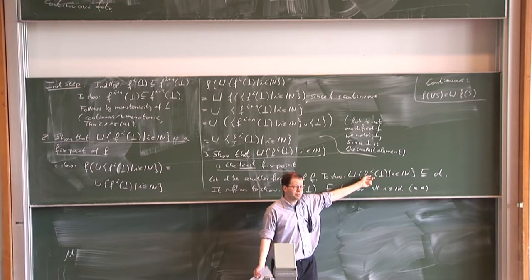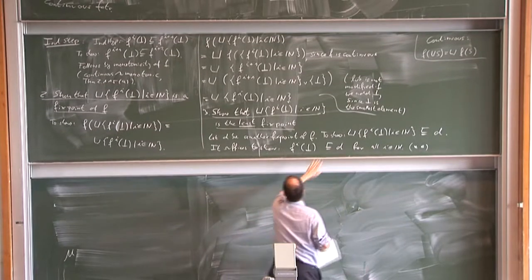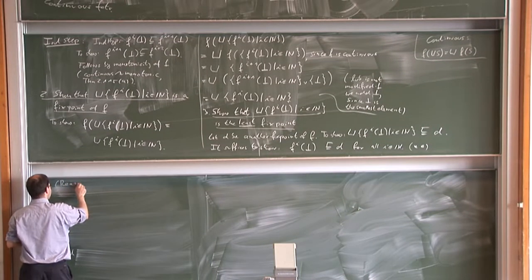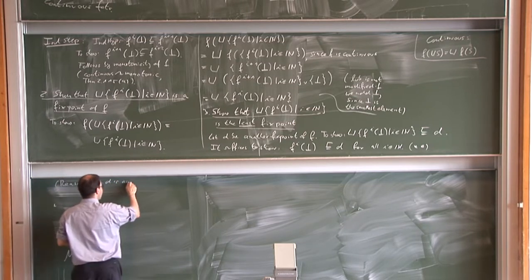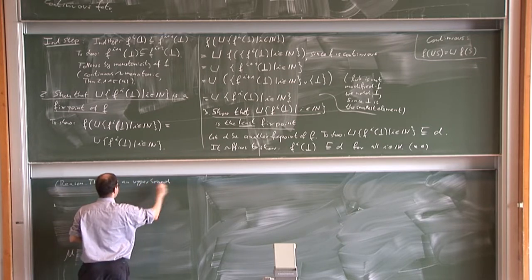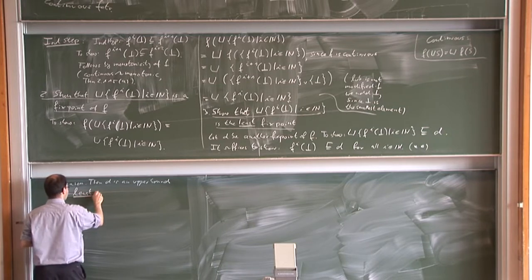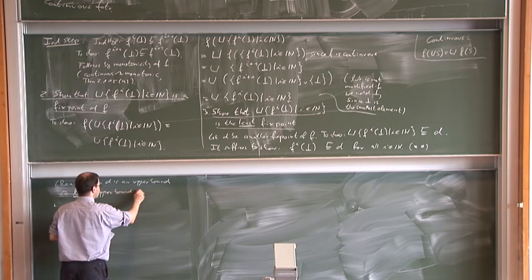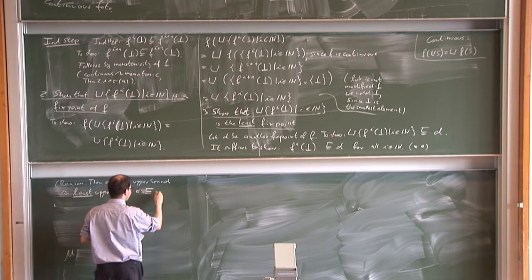So it also must be smaller than D. So the reason why this is sufficient is: then D is an upper bound, and therefore the least upper bound is less defined or equal than D.